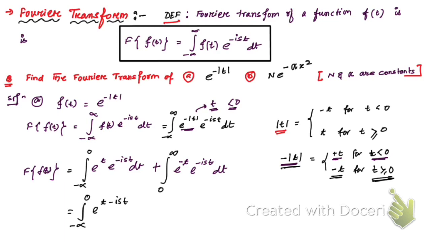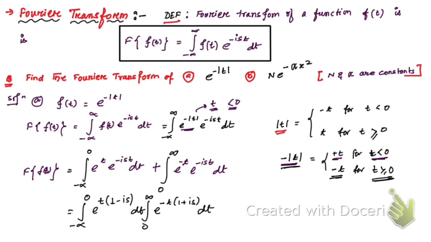We can take t common, and on taking t common, what we can write here, t into 1 minus is, 1 minus is dt, and integration from 0 to infinity e to the power, you can take now minus t common, then you're gonna get 1 plus is dt, right? So hope you have understood this.